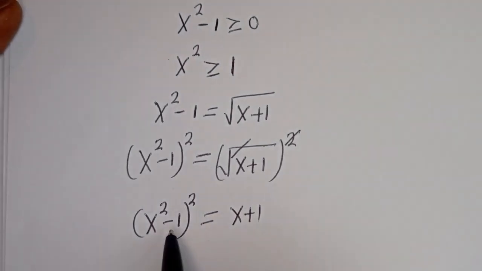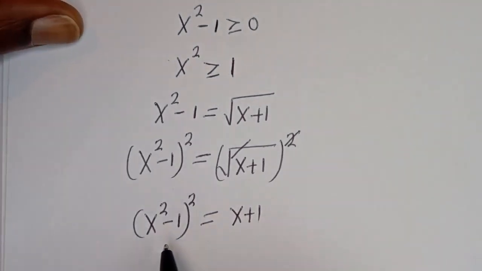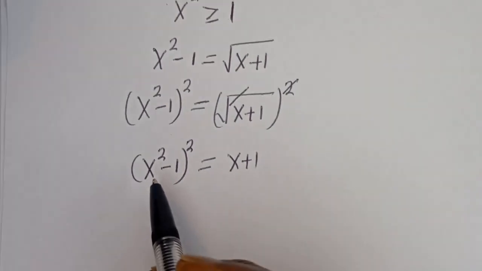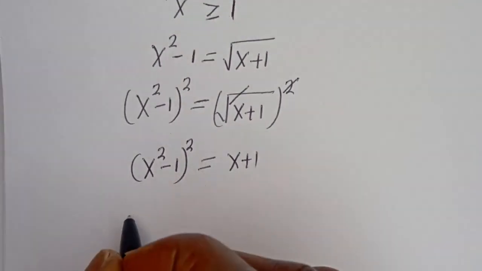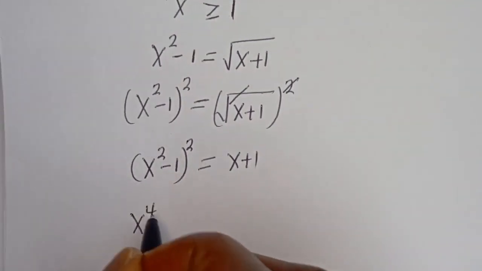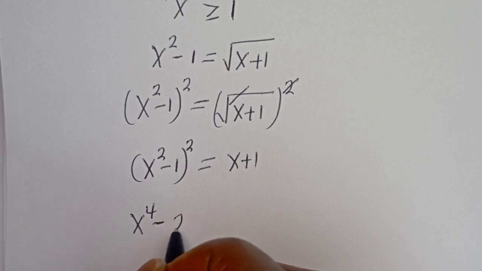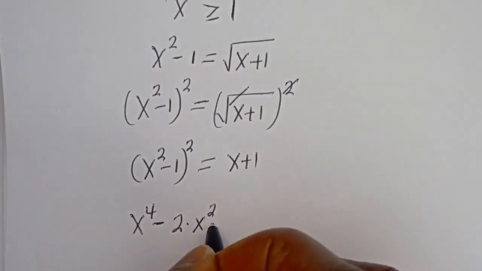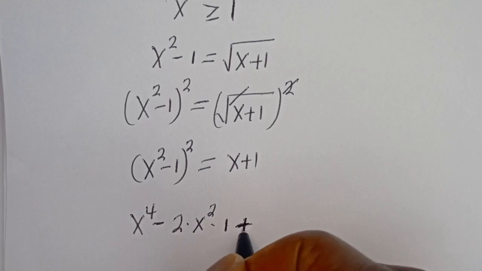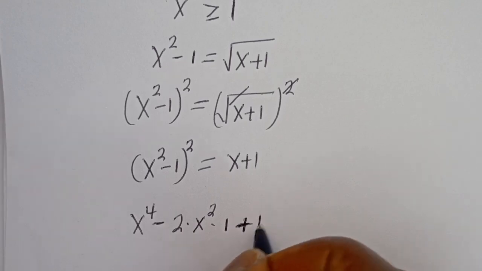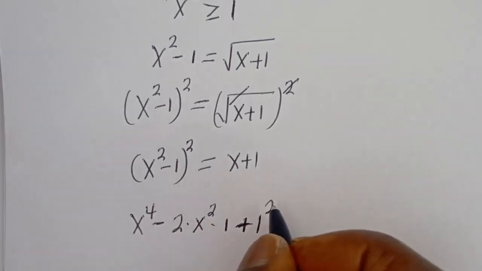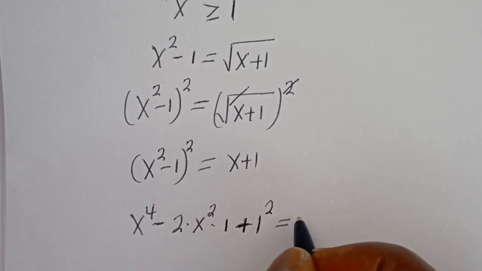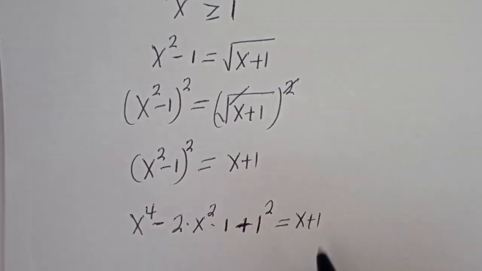Now if you expand this, it can be written as s to the power of 4 minus 2 multiplied by s squared multiplied by 1 plus 1 squared is equal to s plus 1.